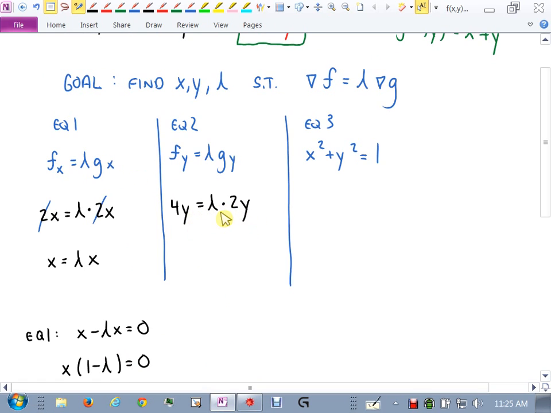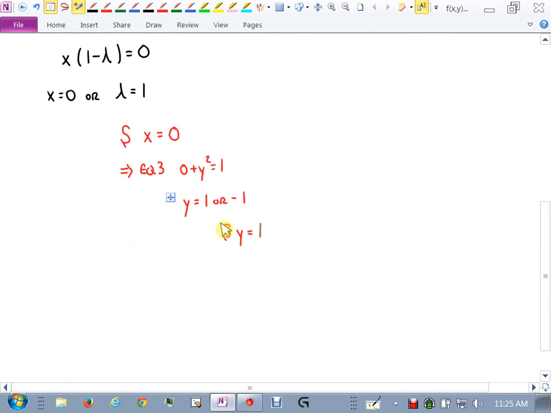Y is 1 here would tell me what? 4 equals 2 lambda? So suppose y is 1. That implies from equation 2 that 4 equals lambda times 2, which means that lambda must be what? 2. Yes? Are you following the logic?